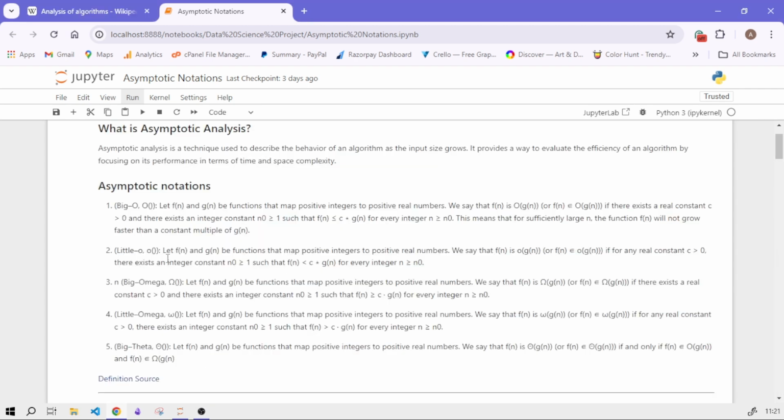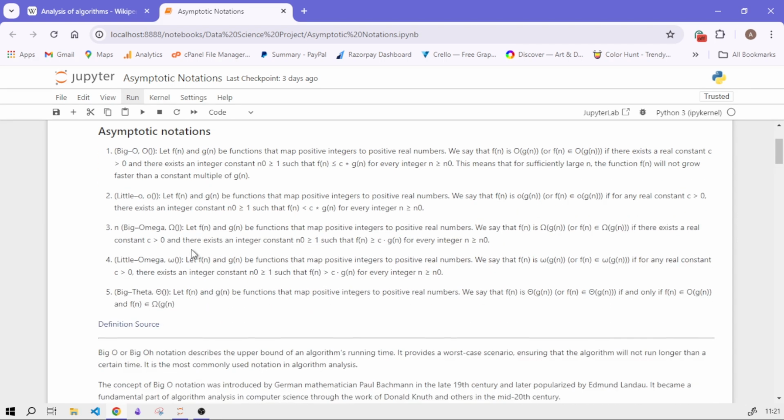Now, for little o notation, we simply remove the equal to sign, so f(n) is less than c g(n). In big omega notation, we have f(n) greater than or equal to c g(n). That means f(n) will always stay above or equal to this c g(n).